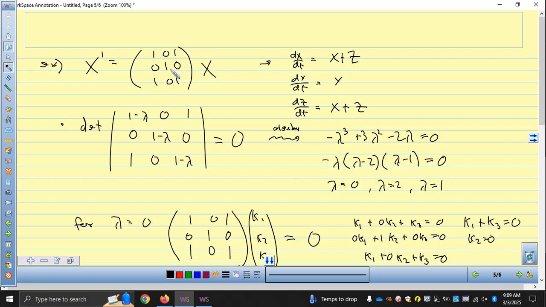If I take the second row, 0, 1, 0, and turn that into the second column, 0, 1, 0. The third row, 1, 0, 1, turn that into the third column, 1, 0, 1. So A and A transpose are the same when we switch the rows and the columns. That's called the transpose of the matrix.